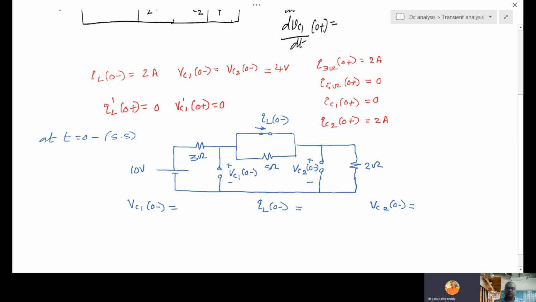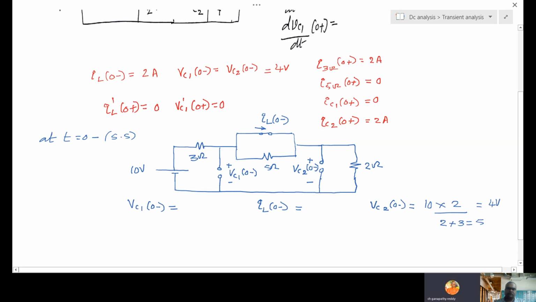But what is VC2(0 minus)? This 10 volts is dividing between 3 and 2, because this is short and 3 and 2 are in series. But this voltage is across 2. So 10 into 2 by 2 plus 3, 5, you will get 4 volts.